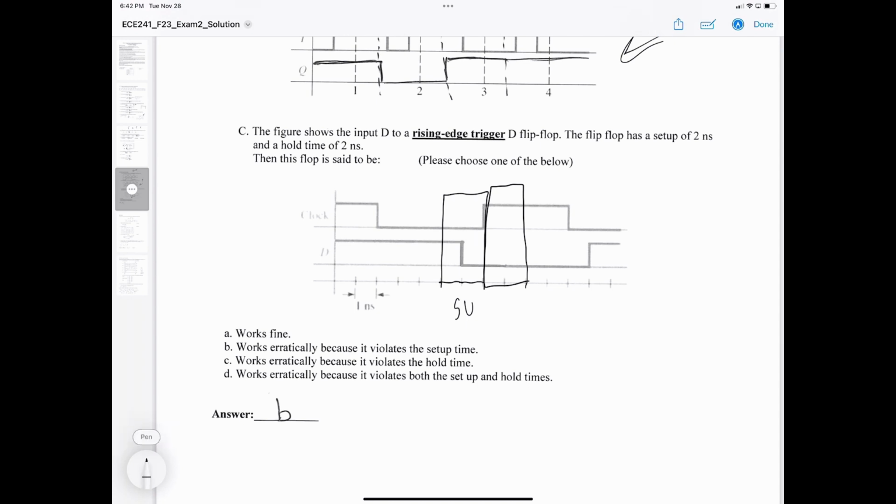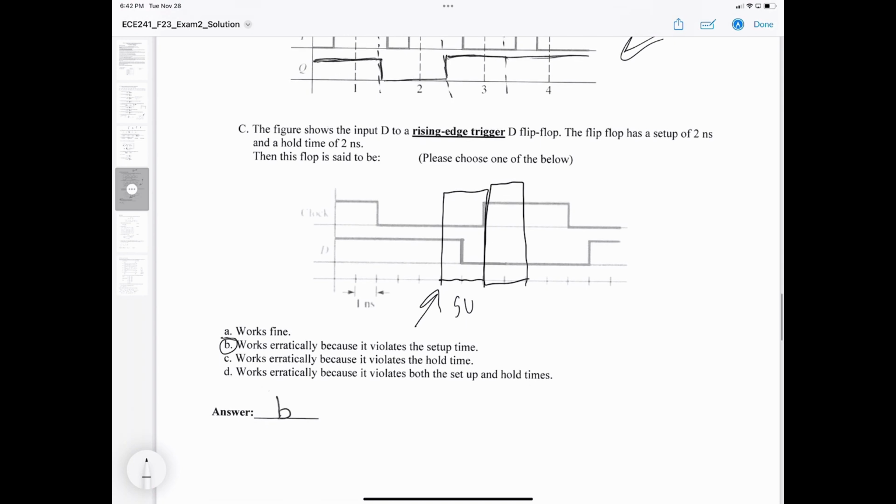Can't have that. That violates the setup time of 2 nanoseconds. D is changing within those 2 nanoseconds. You can't have that. It needs to keep a constant value. So yeah.